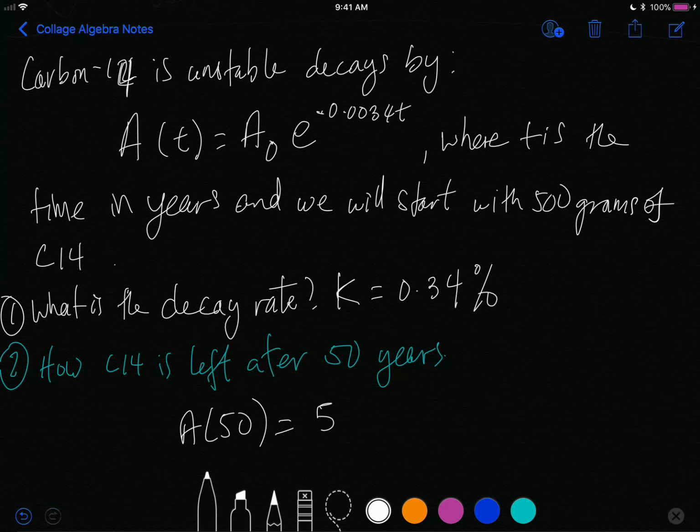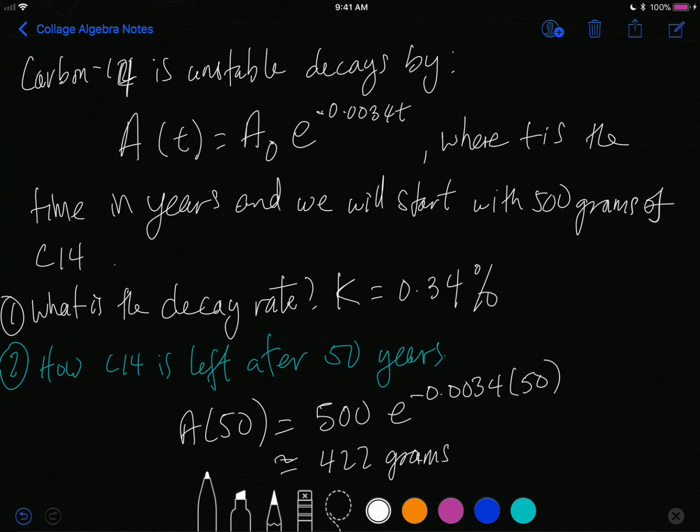Now the initial amount you started is 500, and then that's e to the negative 0.0034 multiplied by 50. Oh, no t. It's like my 10th mistake today. And of course, that just goes into your handy dandy calculator. It's going to be approximately 422 grams, rounded to the nearest whole number. That's simple. Just plug it in.